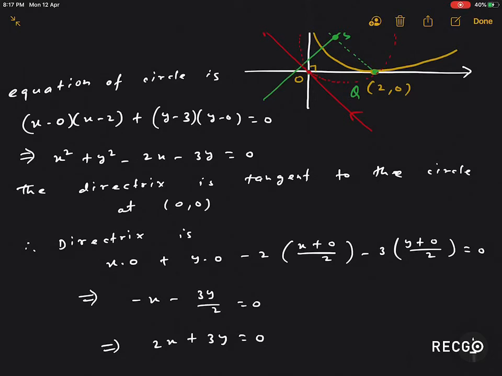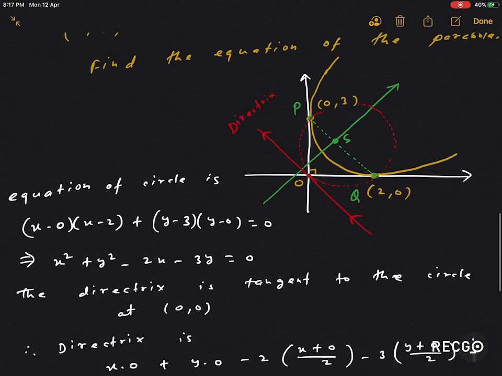So finally, after simplifying and rearranging the terms, we are getting 2x plus 3y equal to 0. That is our directrix. So using this concept, we have got the equation of the directrix of the parabola. Still we don't know the equation of the parabola, but we know the equation of the directrix clearly.